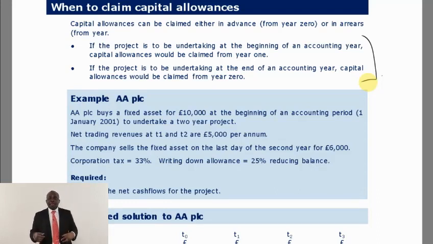But if the project is undertaken now, at the same time the project is being undertaken, the account is being prepared, then the life of the project is 0. But at that time we are preparing the account, the taxman doesn't know the accrual concept. He will allow you to claim the capital allowance instantly. So you are claiming the capital allowance in year 0.